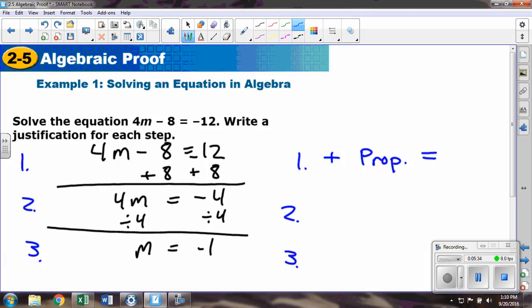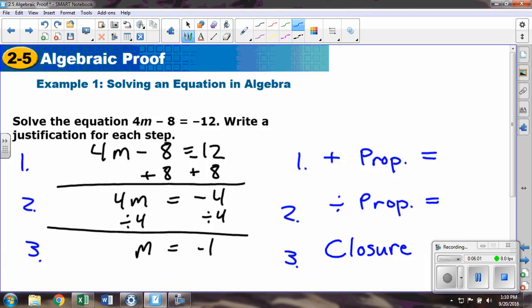So what allows us to actually divide? The division property of equality. What did we do at the third step? We found the answer. Finding the answer wasn't in our list, but finding the answer is called closure.